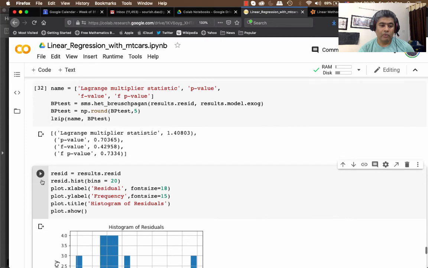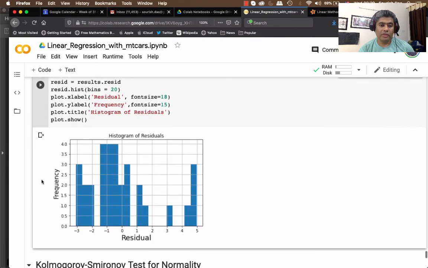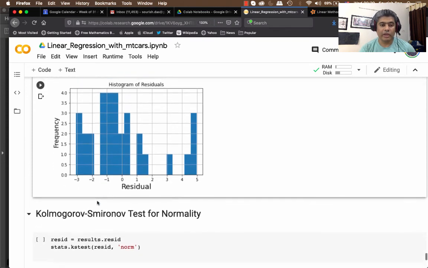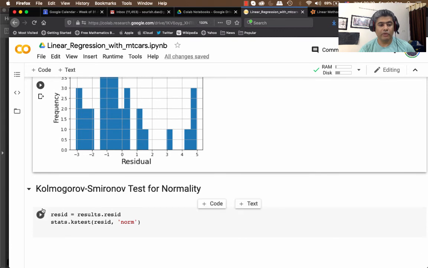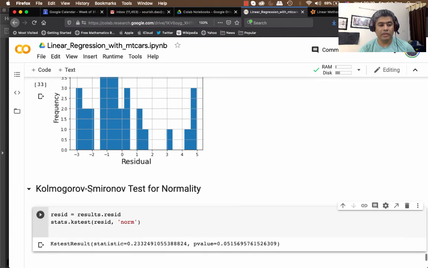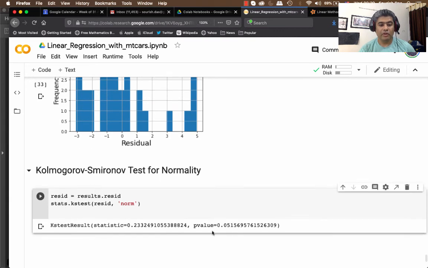Now we draw a histogram of the residuals, and we can't really say whether the residuals follow a normal distribution or not. We ran a Kolmogorov-Smirnov test. The p-value for the Kolmogorov-Smirnov test is 0.0515. So we can say that at the 5% level of significance, we cannot really reject the null hypothesis.